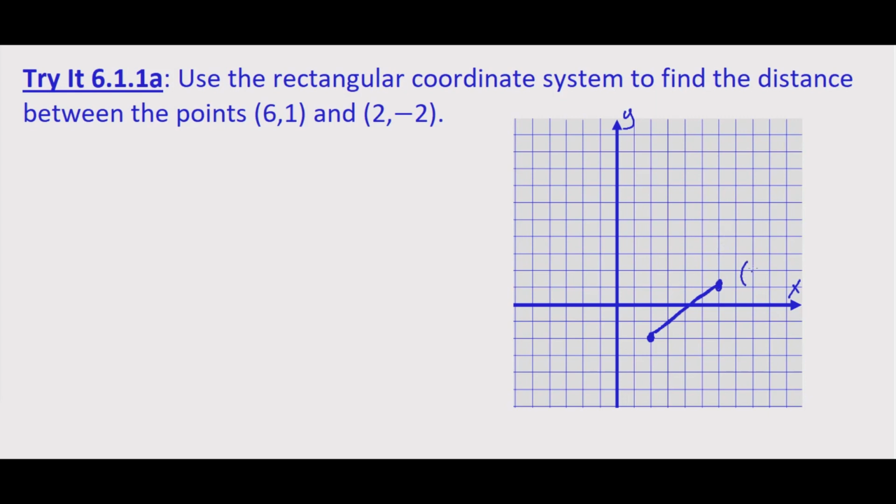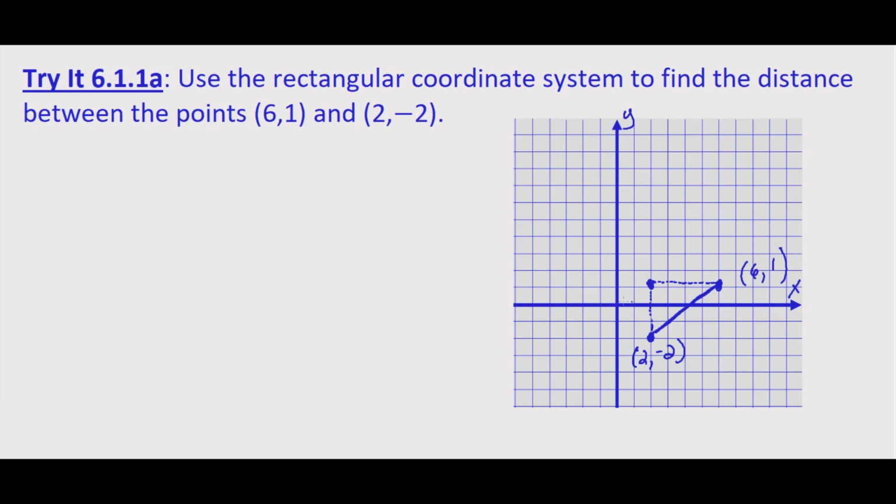So here's (6, 1). And here's (2, -2). Now we could go up or down to form a right triangle, but let's go ahead and go up to form a right triangle here. So what's the distance from this point to the corner of our triangle?